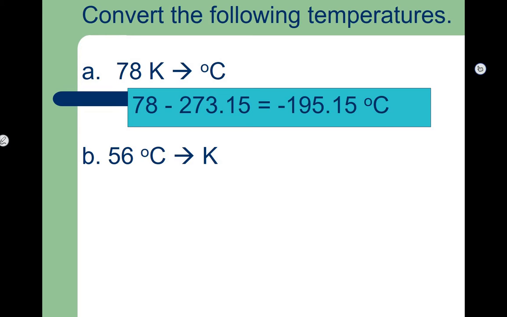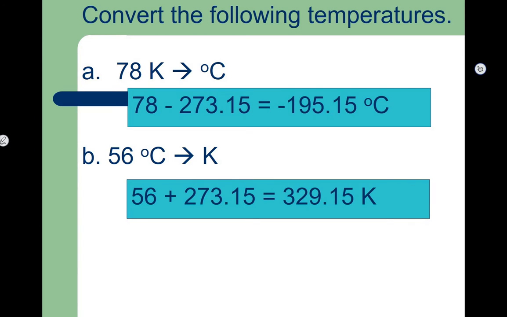Okay, next one, go. Again, first one to get it, raise your hand. Yes. 329 is correct. So you should be able to do these very, very quickly is what I'm trying to point out to you. Going backwards and forwards from Celsius to Kelvin is just adding or subtracting 273, depending on which way you're going. Okay, 273.15. So very, very quick and easy.